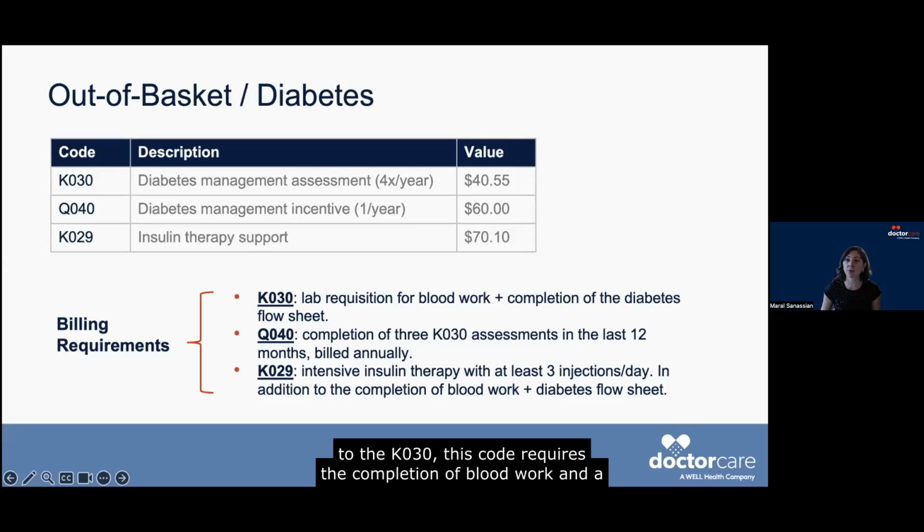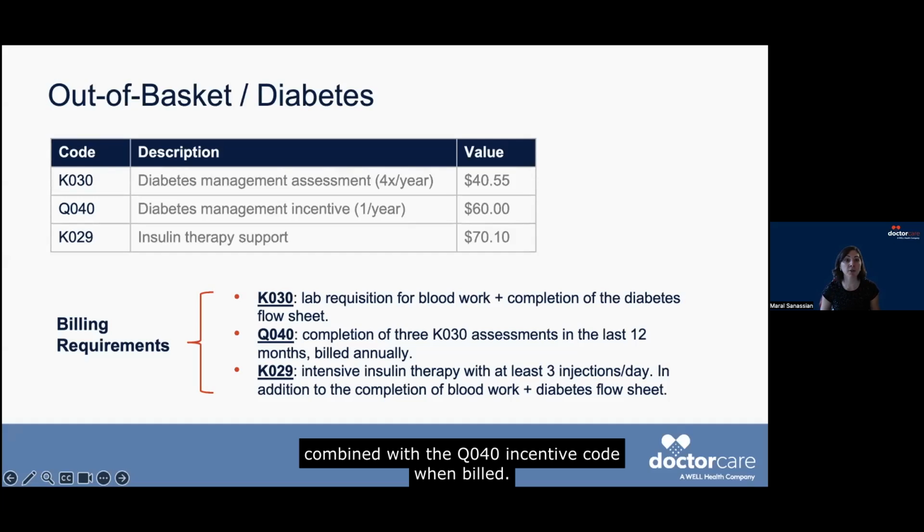Similar to the K030, this code requires the completion of blood work and a diabetes flow sheet. The fee code is limited to a maximum of 6 per patient per 12-month period. Please note that the K029 cannot be combined with the Q040 incentive code when billed.